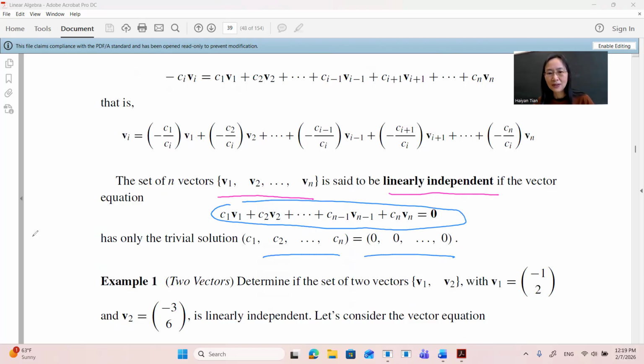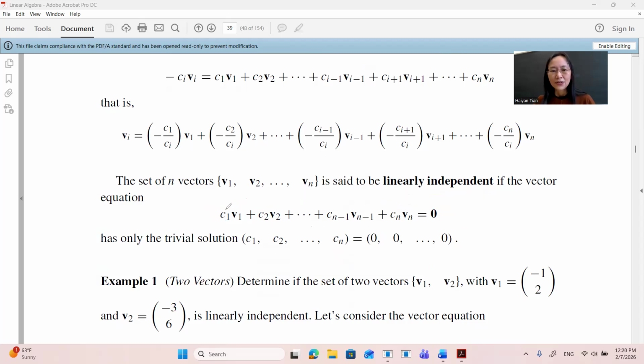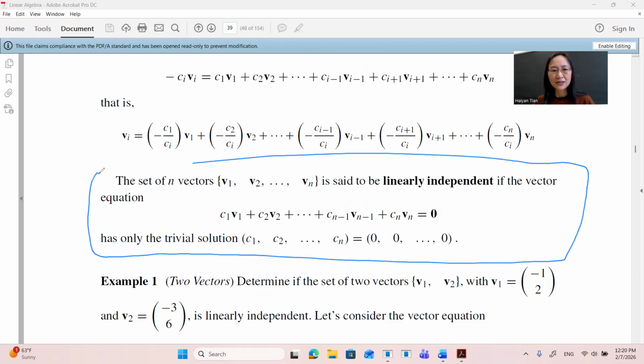Since we saw that a non-trivial solution implies at least one vector is depending on the others, right? So this defines linear independence. So it's reasonable that we give such a definition.